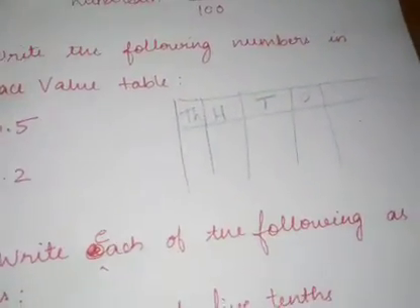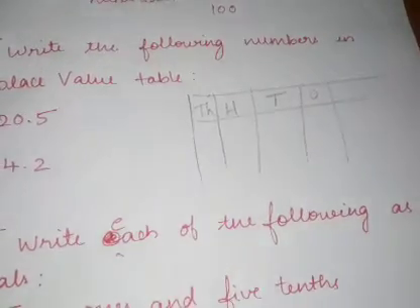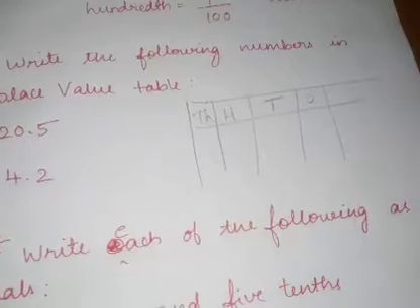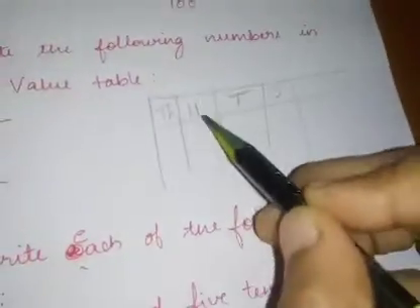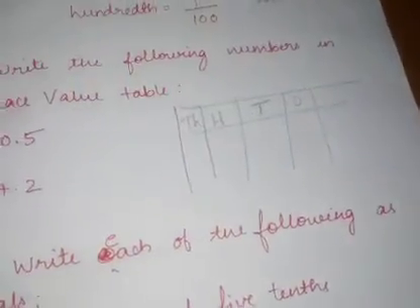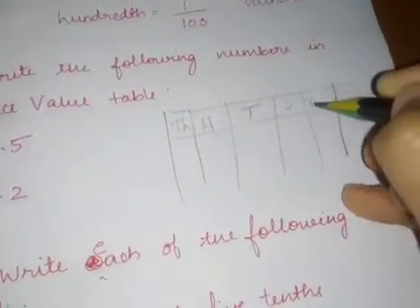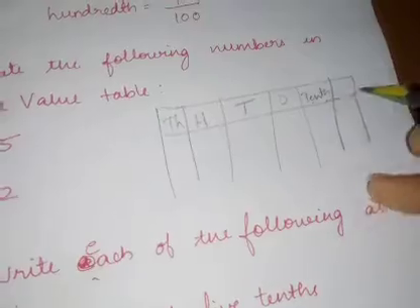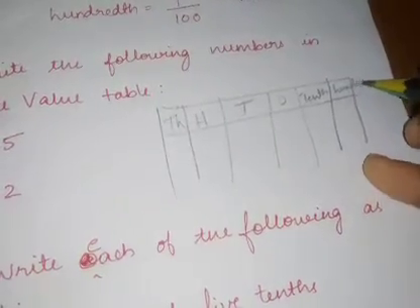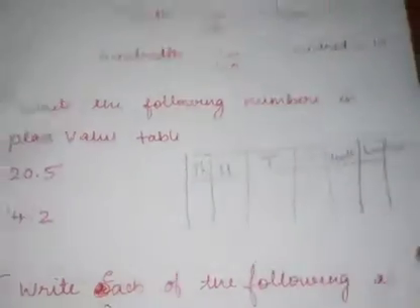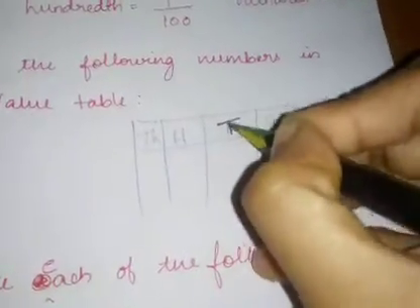But since it is a decimal number, it will also have tenths, hundredths, like that. So ones, tens, hundreds, thousands, and tenths, hundredths, it will be like that.